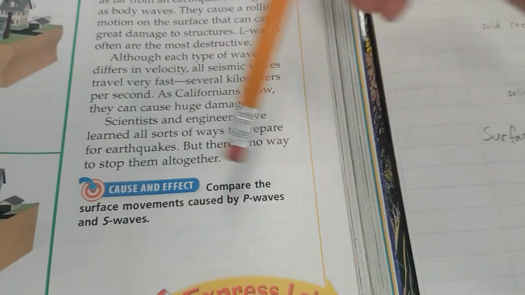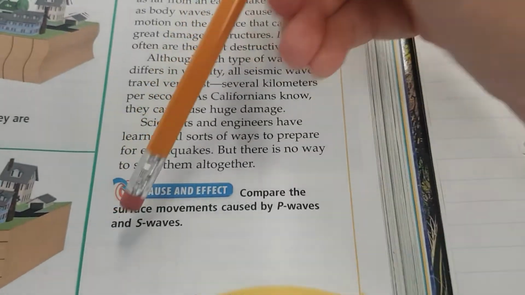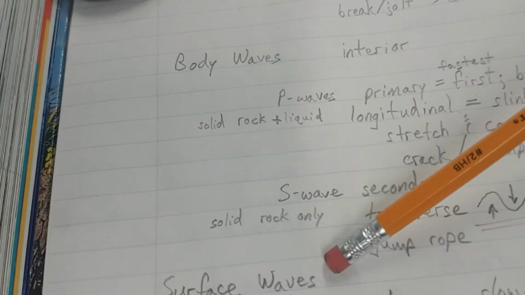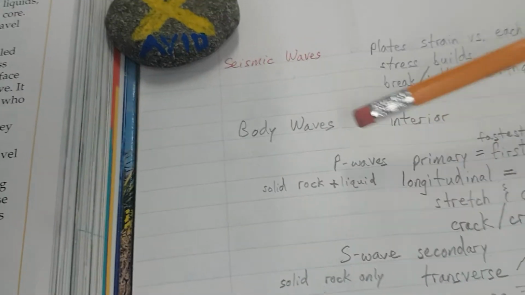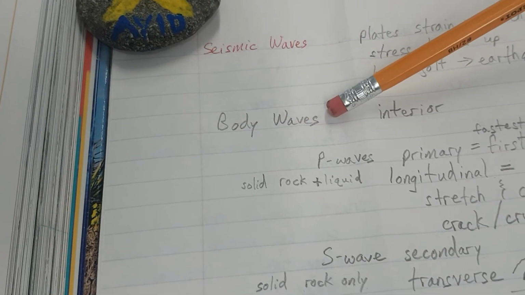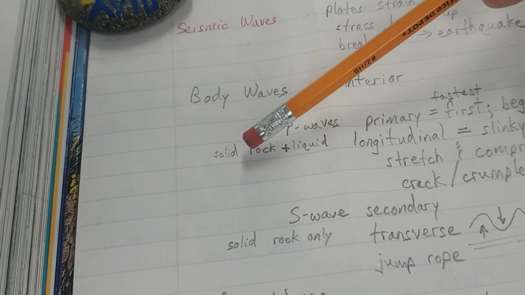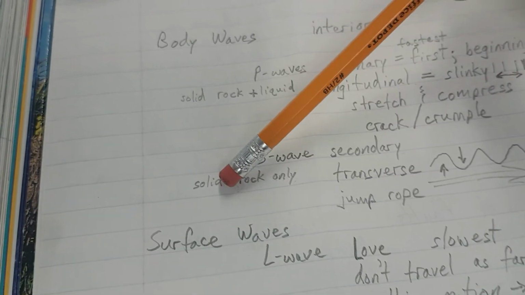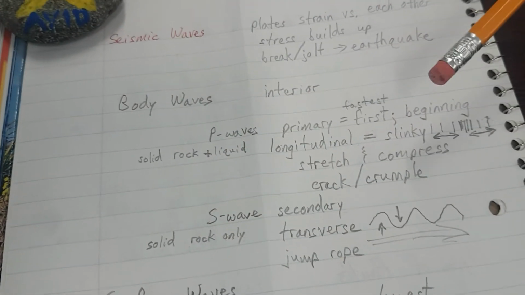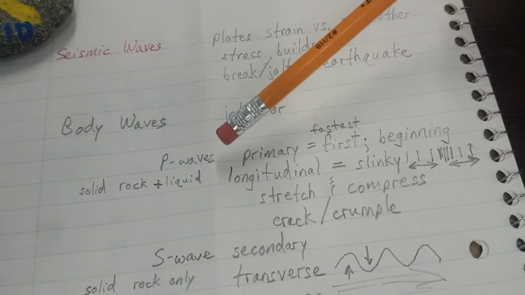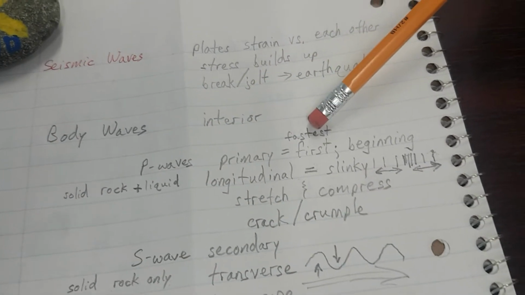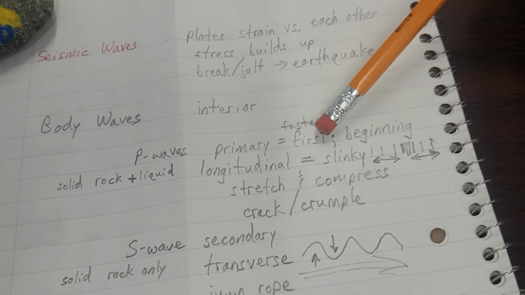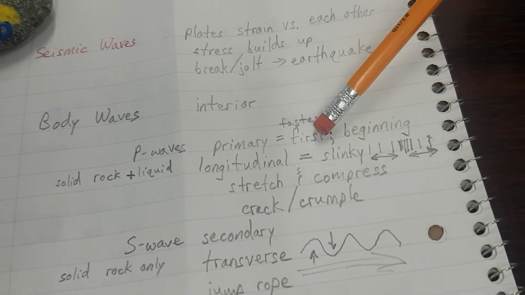All right, compare the surface movements caused by P waves and S waves. Compare P and S. P waves and S waves are both body waves. However, P waves can travel through solid rock and liquid, while S waves only travel through solid rock. Also, P waves are the fastest, so they arrive at the surface first.